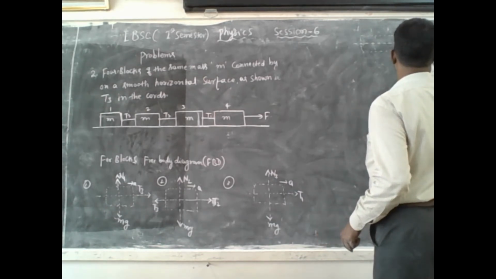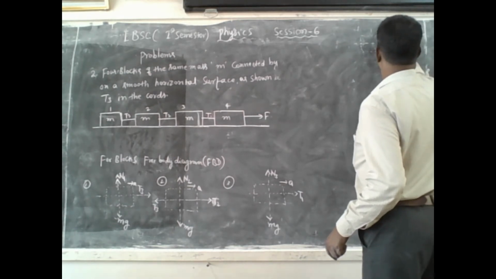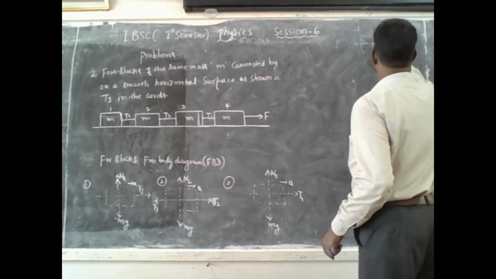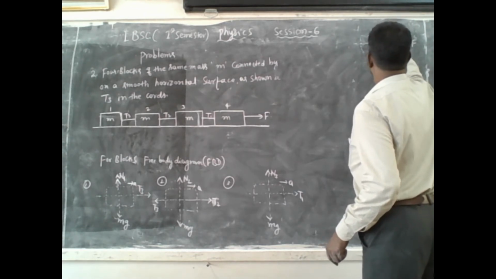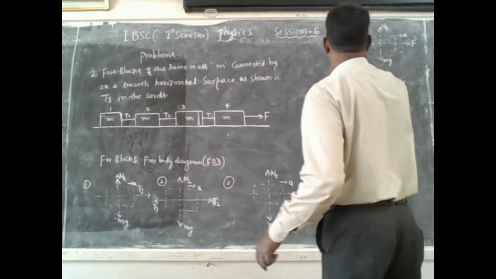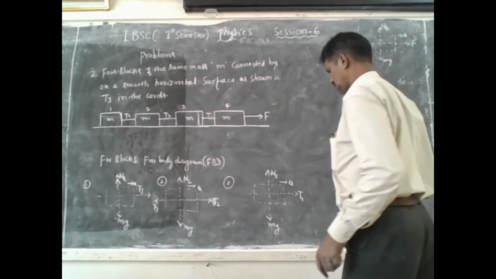And here is F. Along the x direction is F, and there is A. Along the y direction, mg is there, and N4 is the reaction, isn't it? And along the negative x-axis, T1 is there, isn't it?